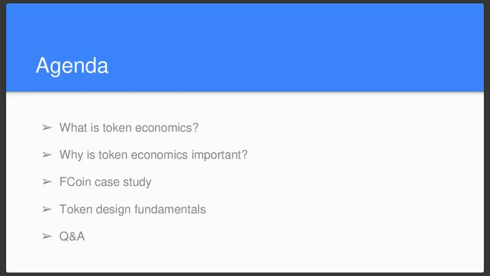After that, I'm going to give you some thoughts on the fundamentals of how to design a token. Then the rest of the time will be a Q&A, and I'm definitely going to try to answer as many questions as you have.